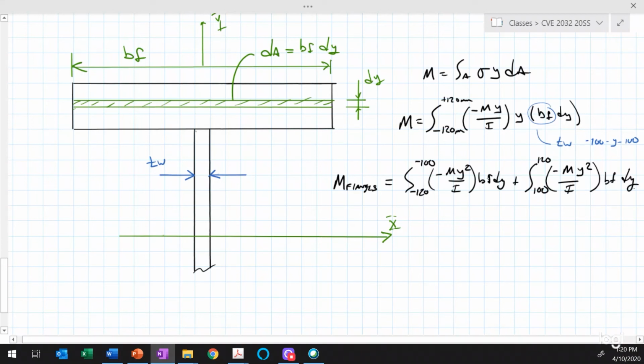So it works out that this is the moment carried by the bottom flange, and this is the moment carried by the top flange.